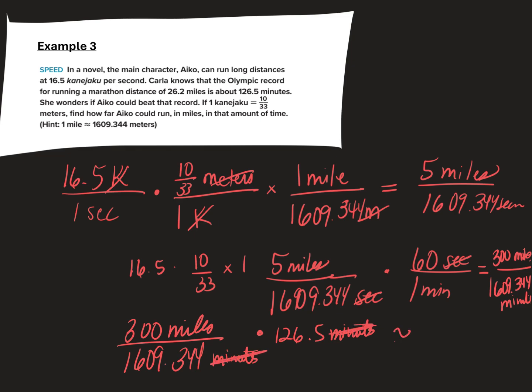And that would equal, so if you multiply 300 times 126.5 and then divide that answer by 1,609.344, then you're going to get approximately 23.6 miles.